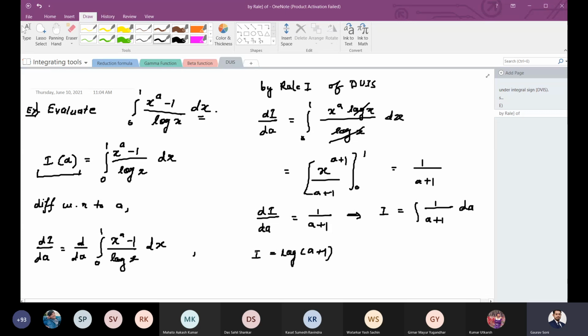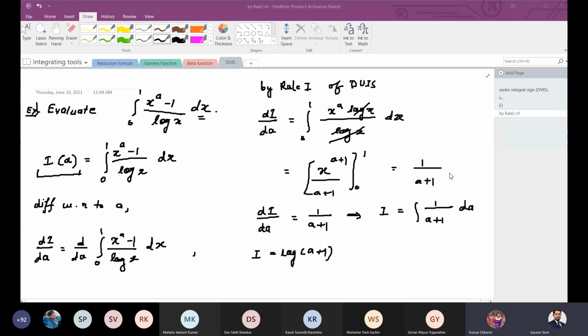Is there anything else? Sir, how do you know that the integral is a function of a?